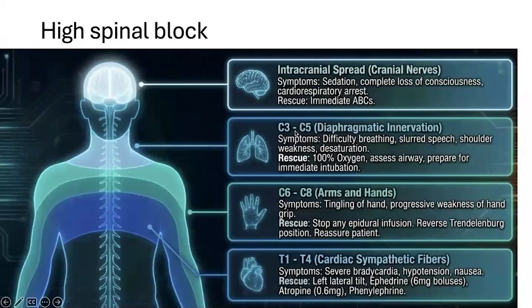If the patient is having a block up to C3, the C3 to C5 innervation is for the diaphragm, and the patient is going to have difficulty in breathing because the diaphragm is paralyzed and the thoracic muscles are paralyzed, with slurred speech and shoulder weakness. You have to reassure the patient, get the patient on 100% oxygen, assess the airway and immediately intubate the patient, secure the airway.